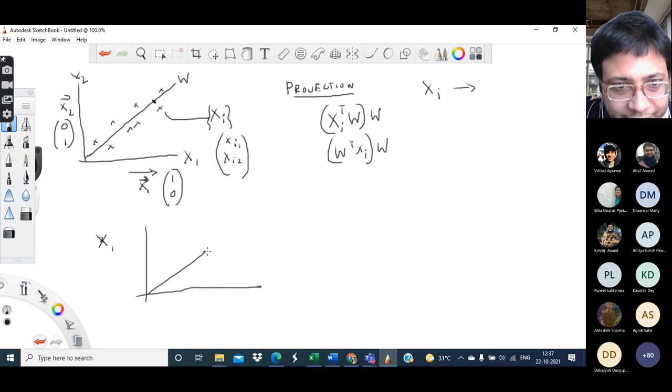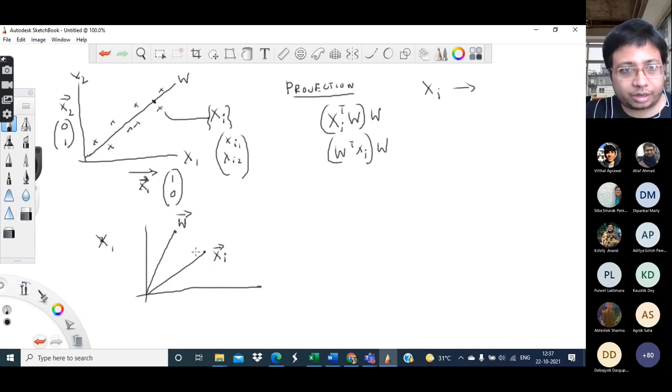Let's say this is the vector xi, and this is W, which may be a unit vector, meaning the L2 norm of W is equal to 1.